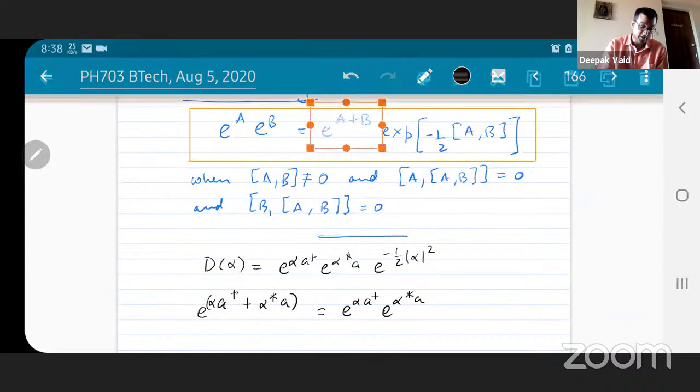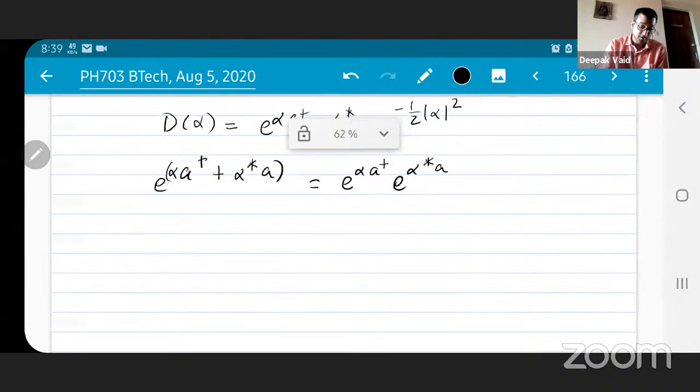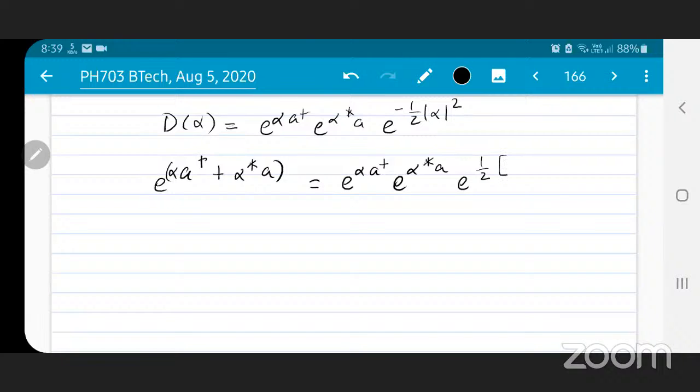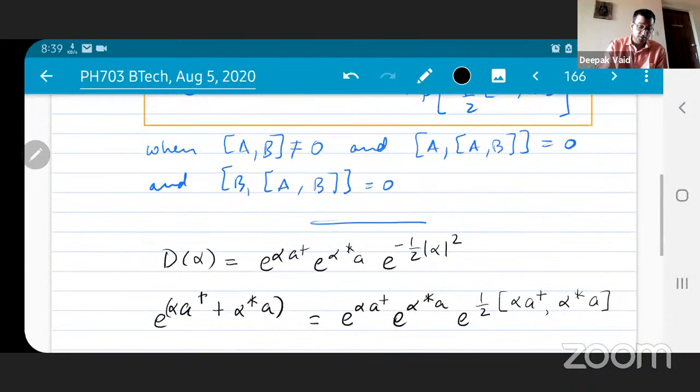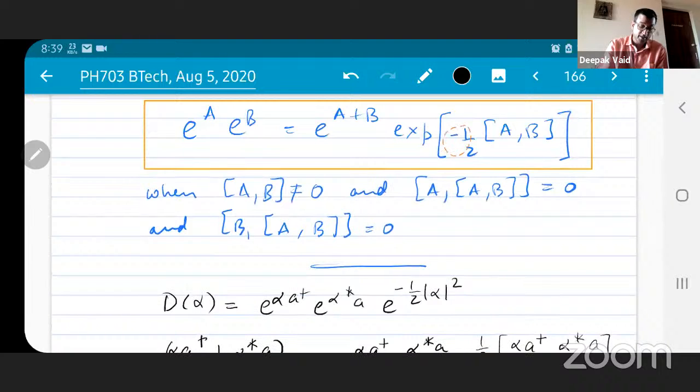This guy is this guy, right? And then this I just bring over to the other side, times the exponent of 1/2 the commutator of these two operators, alpha A dagger comma alpha star A. So here I have a minus sign.